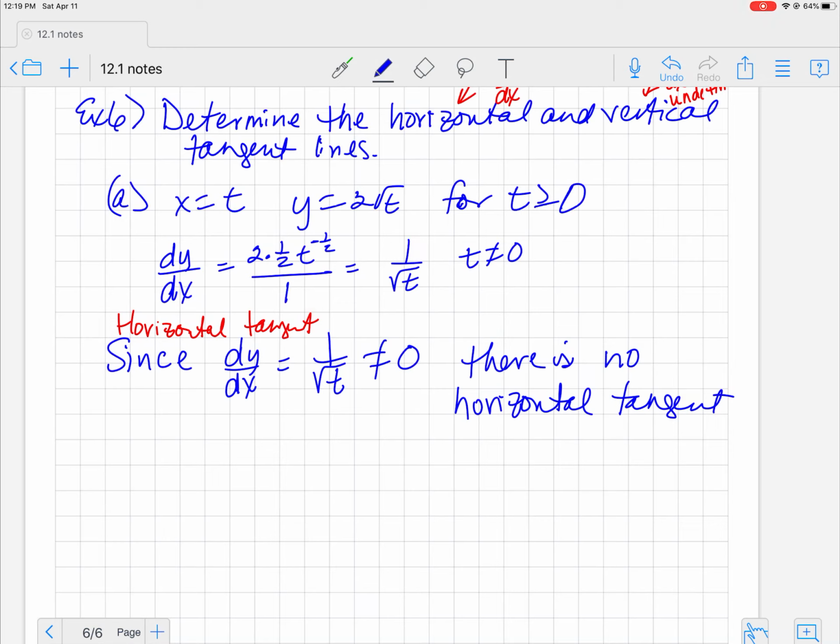Is there a place where this derivative, dy/dx, 1 over the square root of t, is undefined? Yes. When t equals 0, the derivative is undefined. Therefore, you have a vertical tangent. When t is equal to 0, then you plug that in.